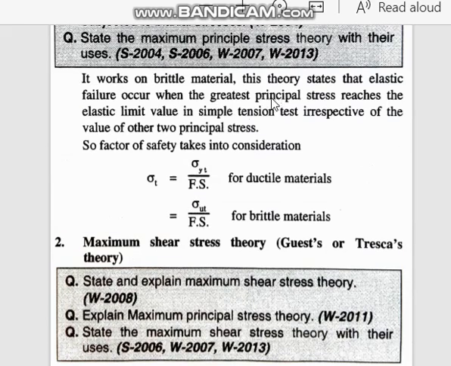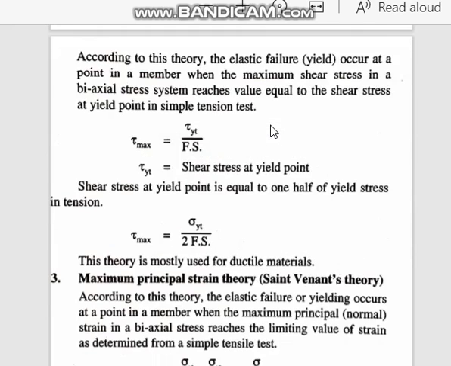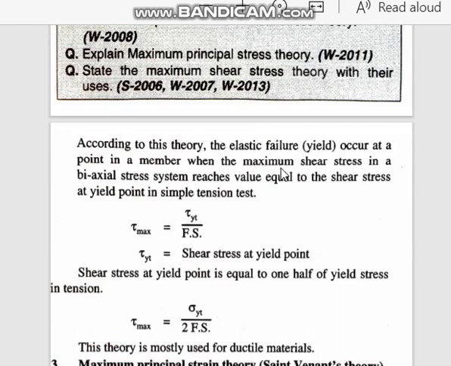You see, in the first thing, what did we say? This fails when the principal stress reaches the elastic limit, then it fails. Here we are saying, when the maximum shear stress reaches the shear stress at yield point.